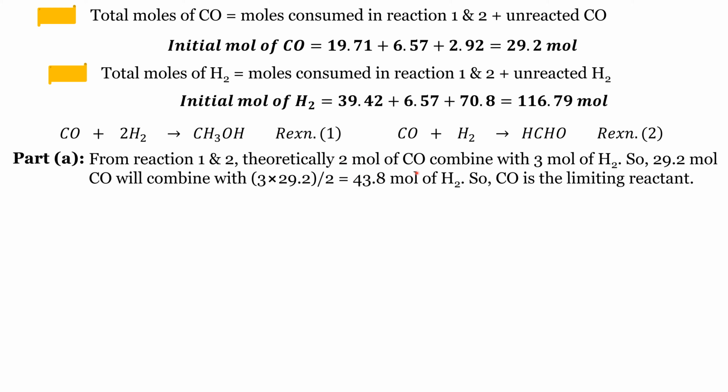So 1 mole of CO will combine with 3 by 2 moles of H2, and the available moles of CO is 29.2. So 29.2 will combine with 3 divided by 2 multiplied by 29.2, and it will come out as 43.8 moles of H2.